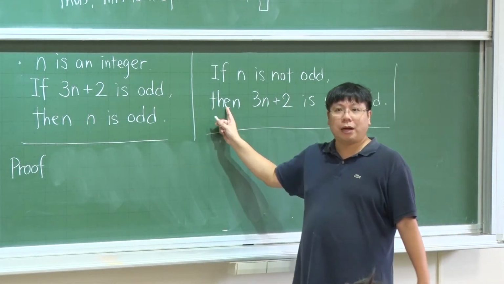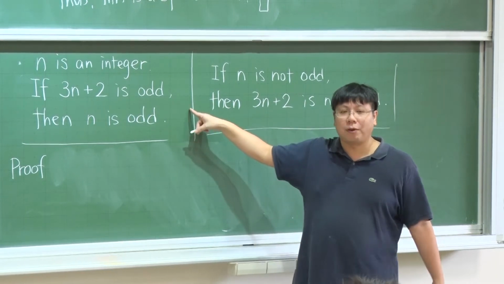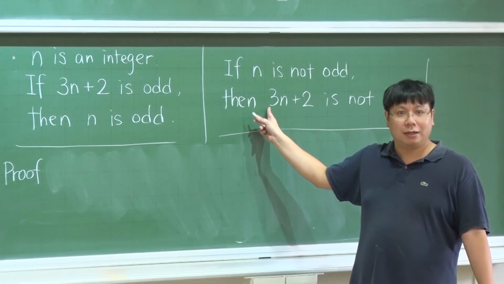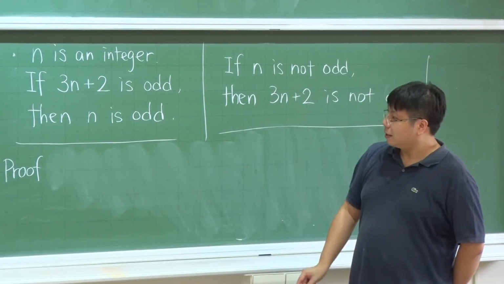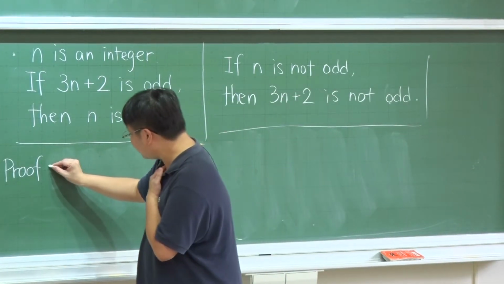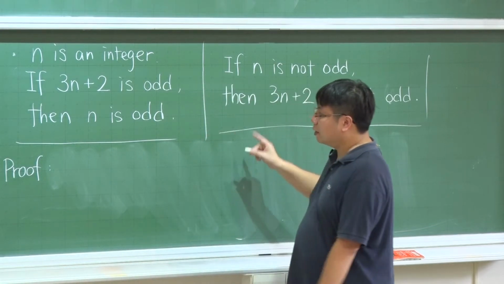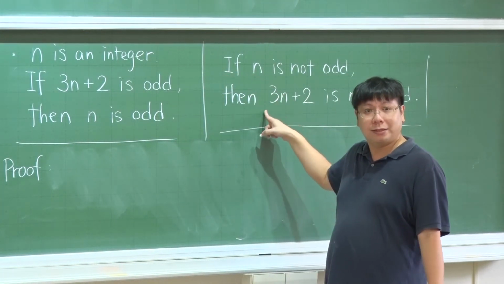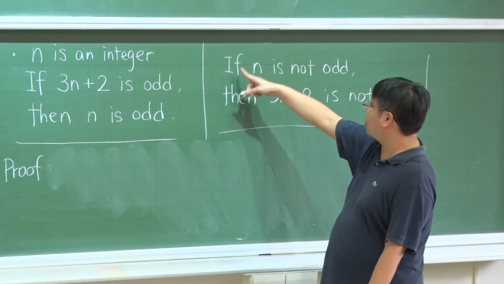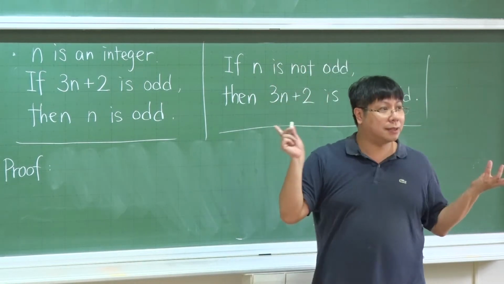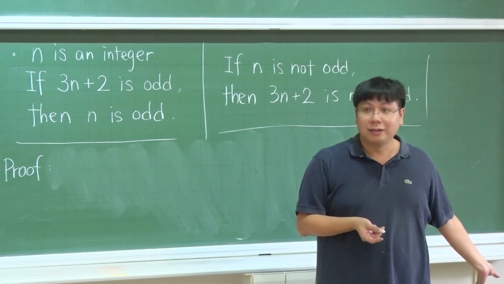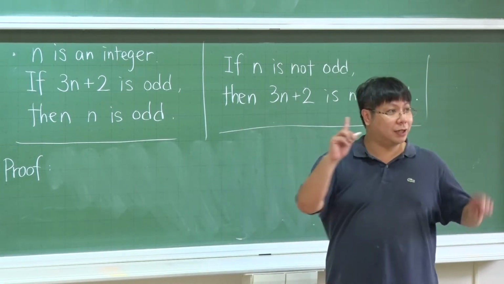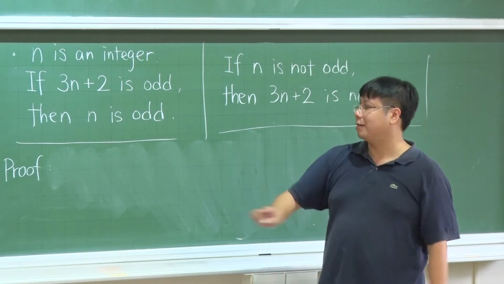So these two are exactly the same. This is in the form of P implies Q. This is in the form of not Q implies not P. Now, instead of proving this, we directly prove this. This is of the form of something implies something, so we use direct proof of this part. Direct proof of the contraposition.